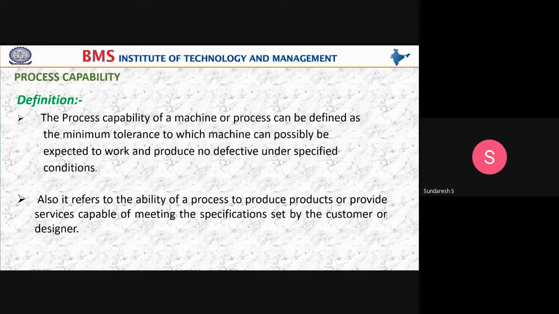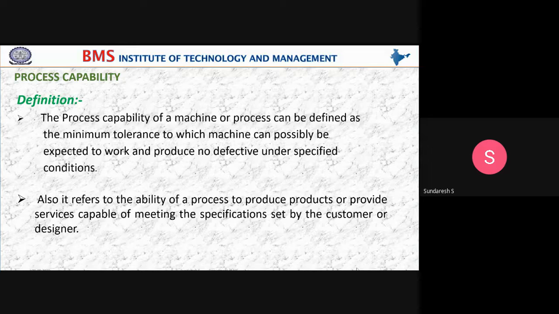So it is the minimum tolerance to which the machine can possibly be expected to work. So how much can you narrow down your tolerance limits? Whether that machine or process is expected to work, and it should produce no defective under specified conditions. So the parts should not be defective.